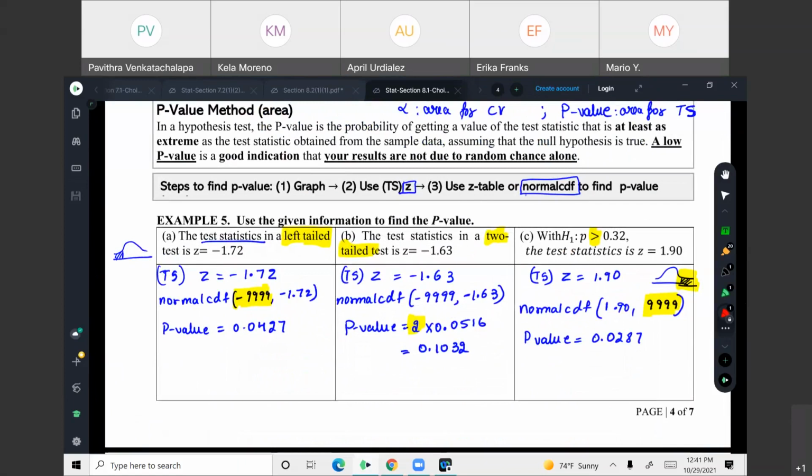So we did it for right tail. We usually take this as a lower number and upper as 9999, and you will get the p-value. Now, in the same way, how much did you get for the p-value? You told me it's 10 to the power of 15, and it was 0.000 something.